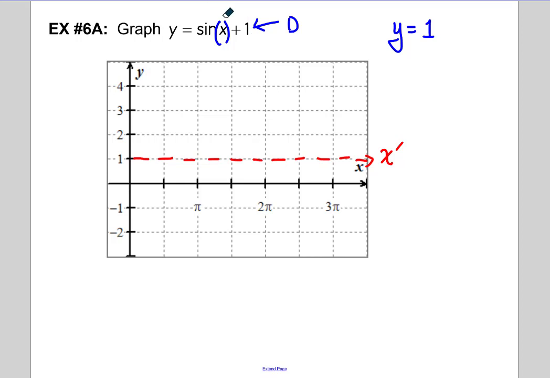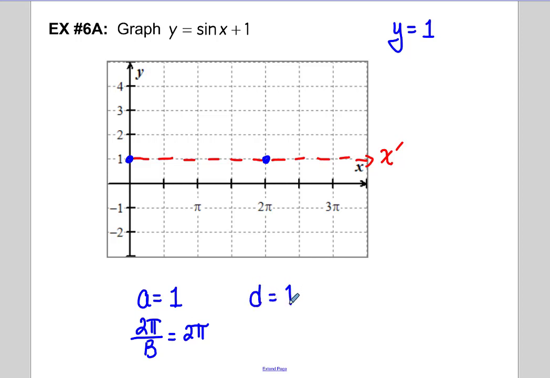But just as before, the regular sine curve, we still have the period is 2 pi, the amplitude is 1. If we start at an intercept and stop at an intercept, and the period is 2 pi, we could write that down. A is 1, 2 pi over b is 2 pi, and the d value is 1.